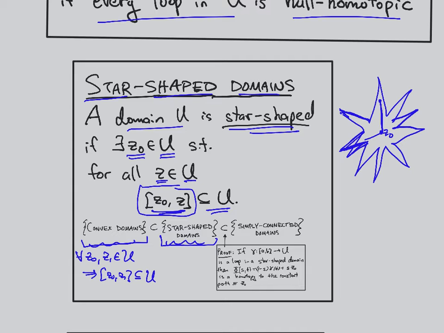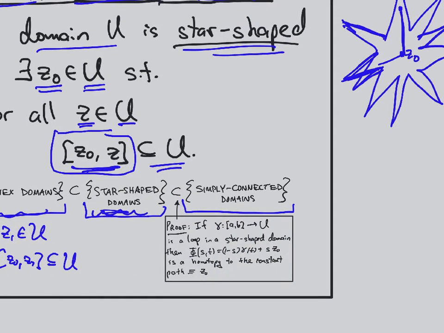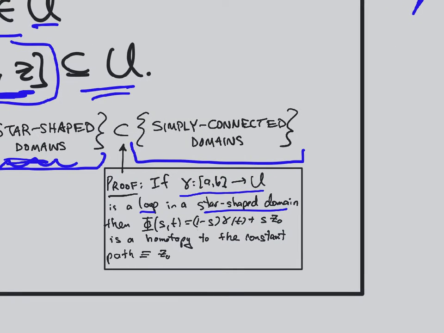Okay, but star-shaped domains are easily shown to be simply connected, and here's the little proof. If it's star-shaped with respect to z0, then I can take any loop in a star-shaped domain, and I can just write down a homotopy, phi of s, t, which is a way of parameterizing the line segment from gamma of t to z0.